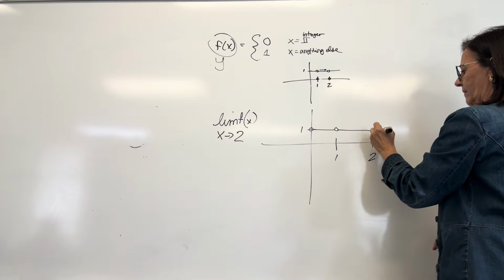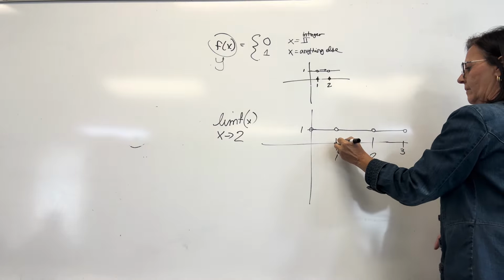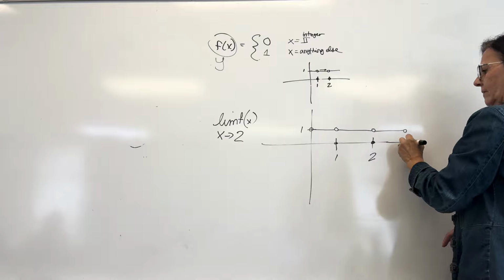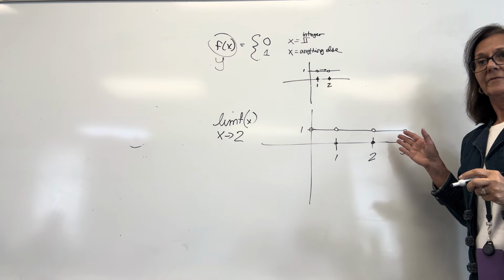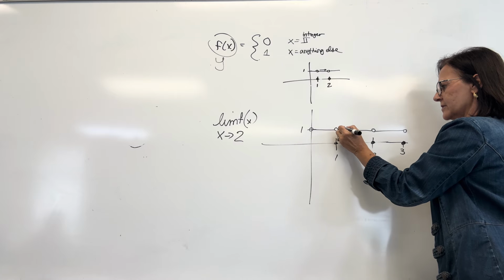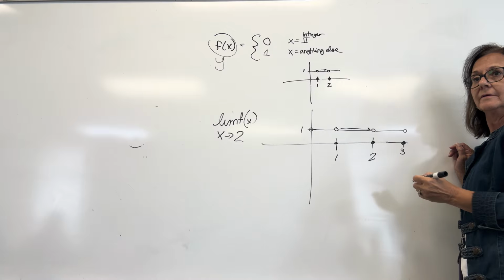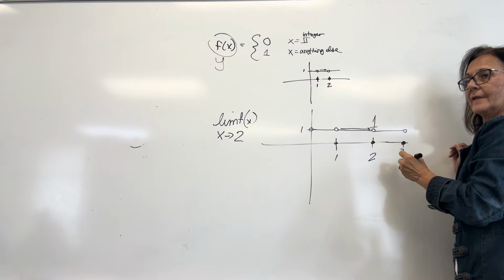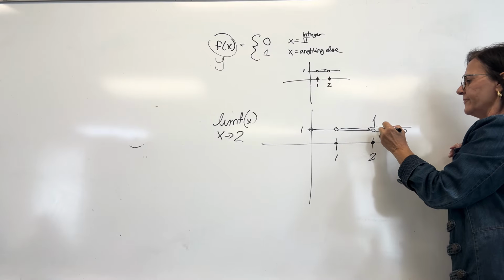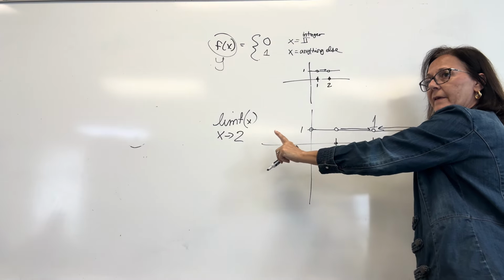Oh, okay. I kind of see what's going on. It's 0 at integers and 1 at anything else. That's the graph. So from the left on this graph, as we are approaching 2, what value is y approaching? So what's the limit?